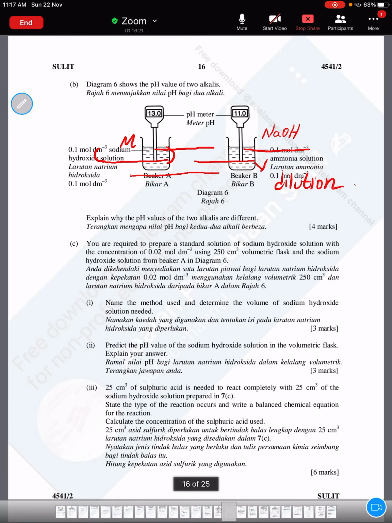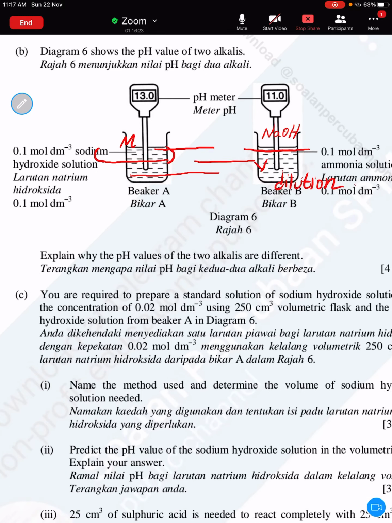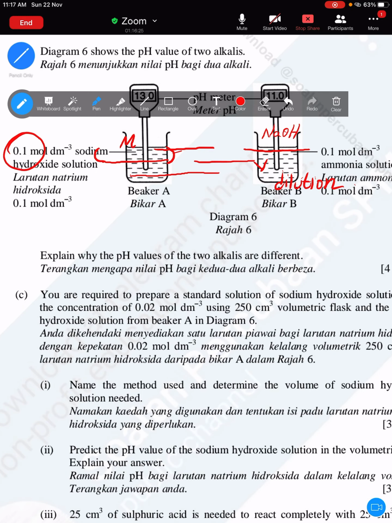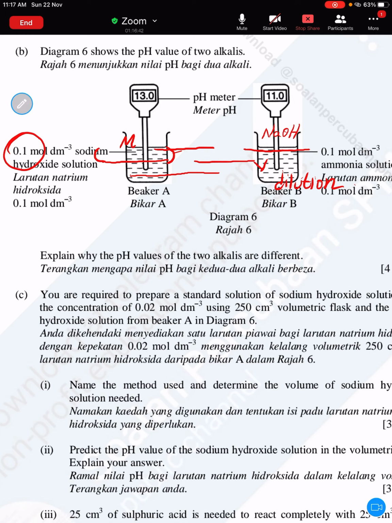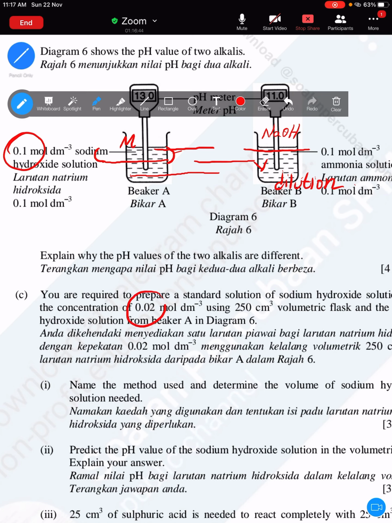Sekejap guys. This is 0.1 molar. Let's read the Malay one because it's a bit strange. Sebab ini cair. This is diluted and this is concentrated.